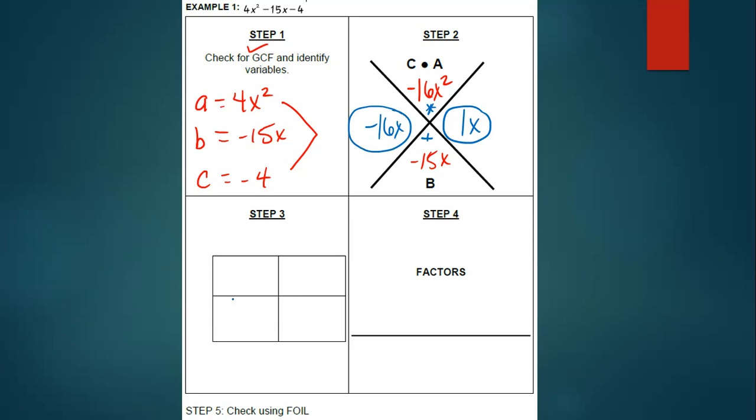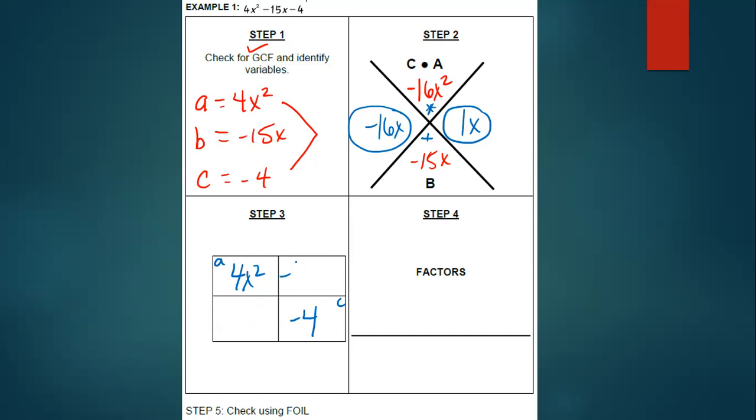All right. Now you're going to go to the box. In the box, you're going to always put your A term first. What is our A term? It's 4x squared. You're going to put your C term last. What is your C term? Negative 4. Your empty boxes come from your X. Your X marks the spot.